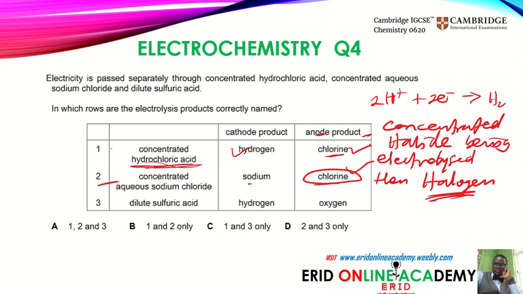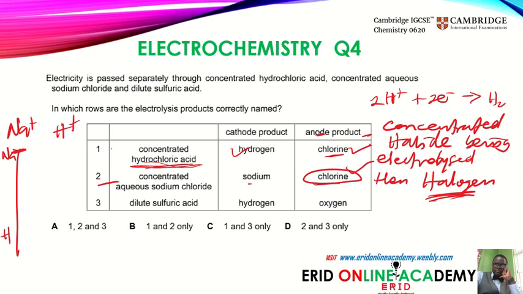concentrated sodium chloride, you have both sodium ion and hydrogen migrating to the negative electrode because they are positively charged. But when they get to the negative electrode, which one will be preferentially discharged? There is going to be competition between the ions now. If you look at your reactivity series, sodium is far higher at the top while hydrogen is below.